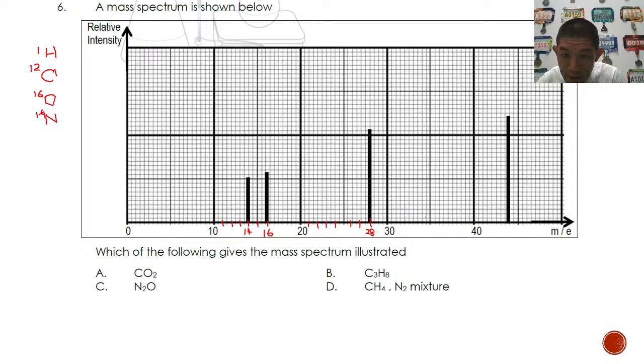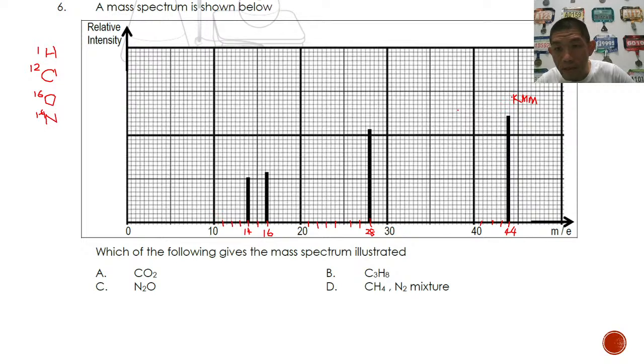And last but not least, the last one in here will be 41, 42, 43, and 44. In here you have to know by yourself what is possible. The 44 usually shows the relative molecular mass of the species involved.